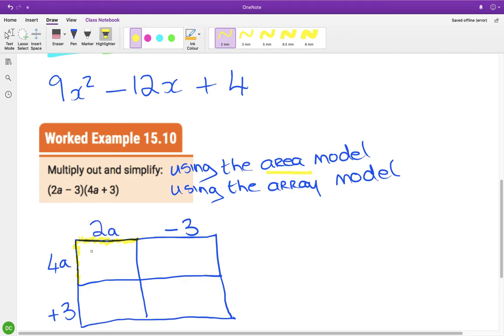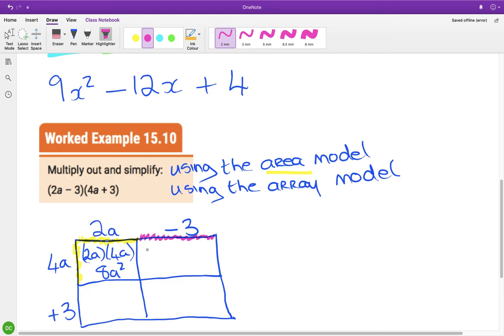So if we do this by this, the calculation we're doing is 2a multiplied by 4a, and the answer to that is 8a squared. Right. To do this box, the length is going to be here.